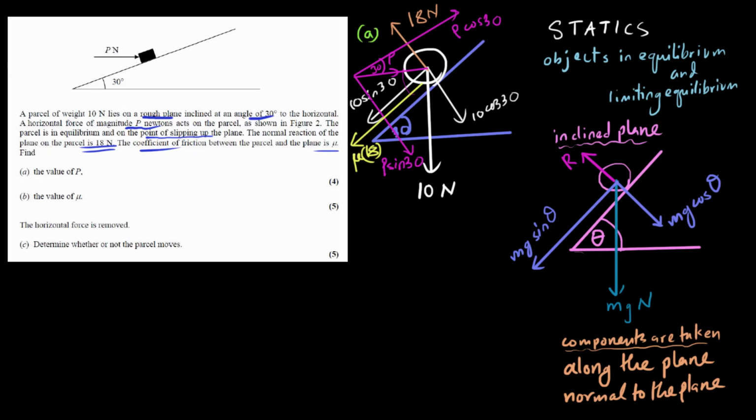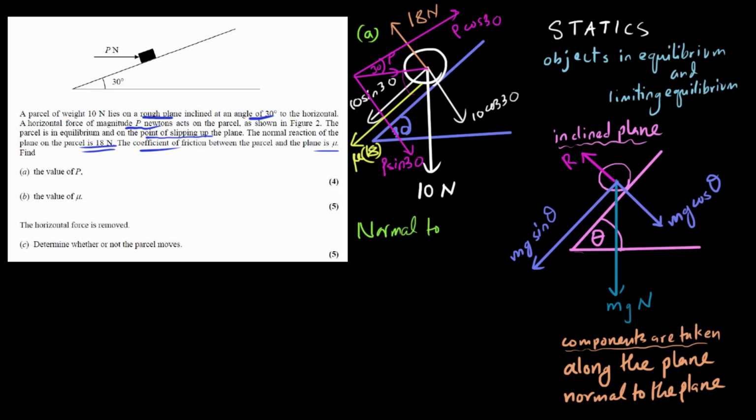Now that we have this entire component given over here, it looks a little bit messy. We have to find the value of P. So we have to look at which is best, along the plane or normal to the plane. Obviously normal to the plane is best, because along the plane mu is also unknown. So let's take normal to the plane.